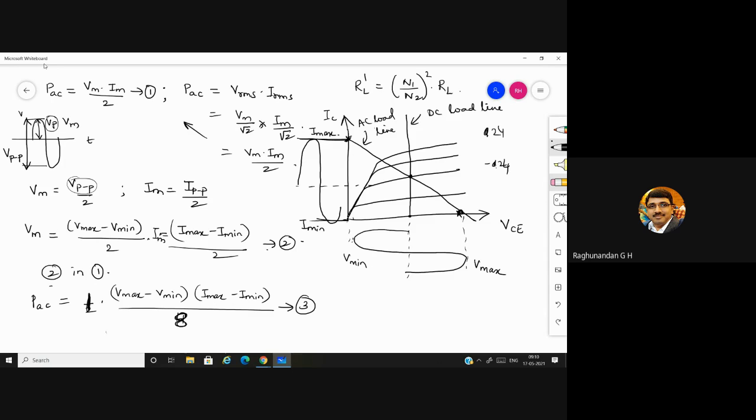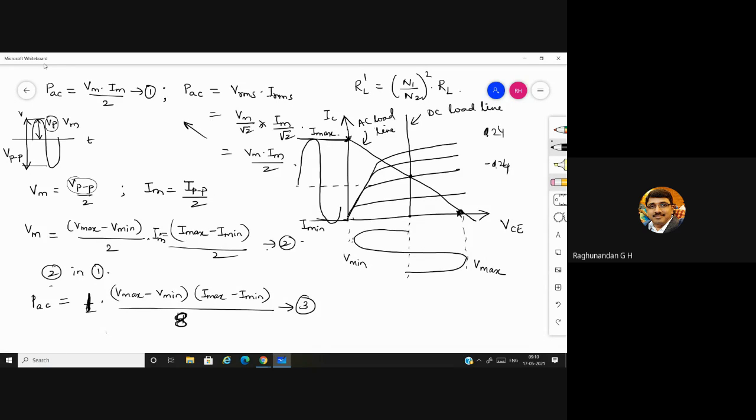So for 50 volt, you need at least plus 26 to minus 26. Then you can expect the output to reach 50. That is the basic idea here.